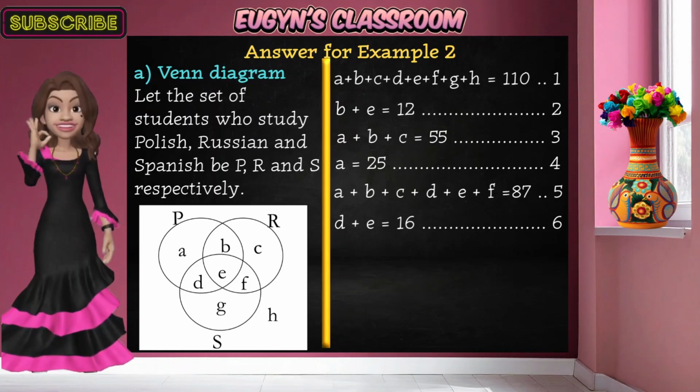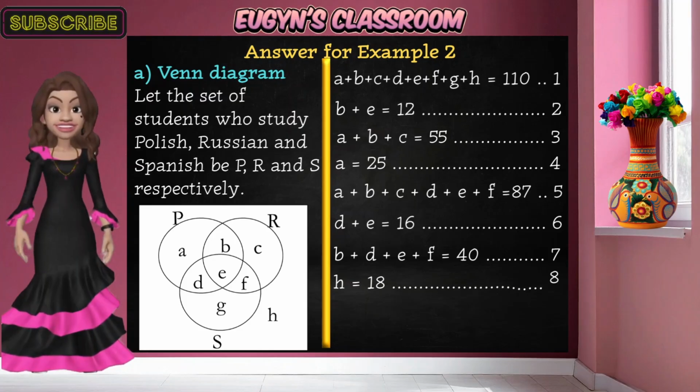So for the 2 languages, we could have Polish and Russian only, letter B, Polish and Spanish only, letter D, Russian and Spanish only, letter F, then all the 3 languages, letter E. That means B plus D plus E plus F equals 40. Then we're told that 18 students do not study any of the 3 languages. That is represented by letter H in the Venn diagram. Therefore, H equals 18.